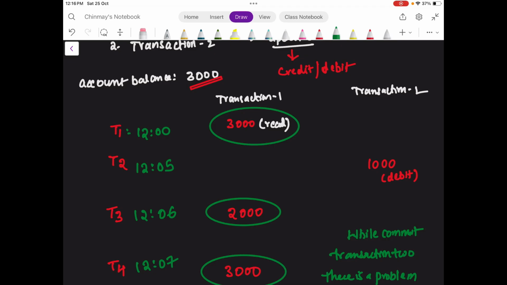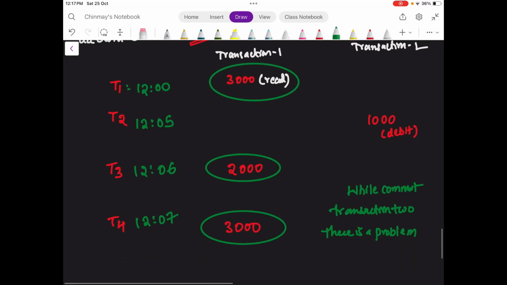Okay, is it acceptable? It is not acceptable, right? It should always maintain the proper balance. Only when the transaction is committed should the balance be shown as debited, right? Without the transaction being committed, it shows 2000 and later gets 3000.